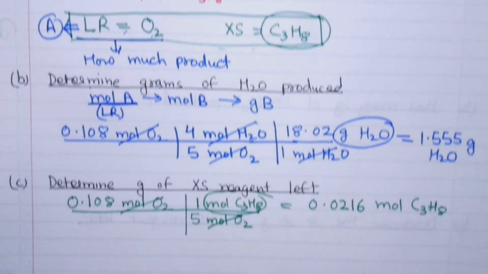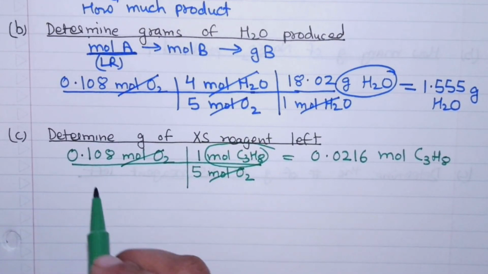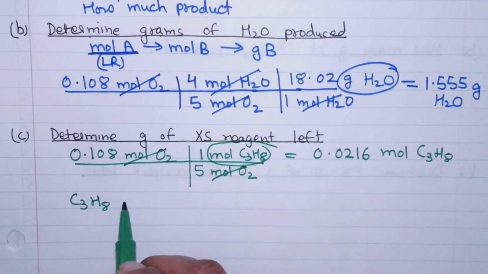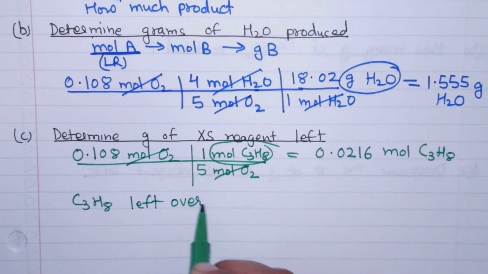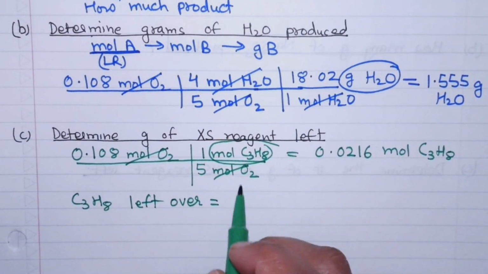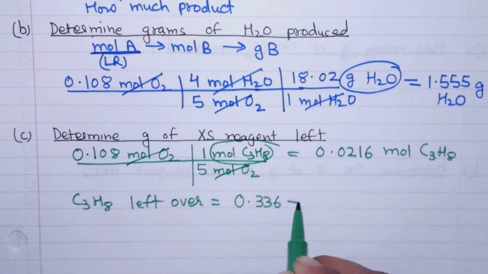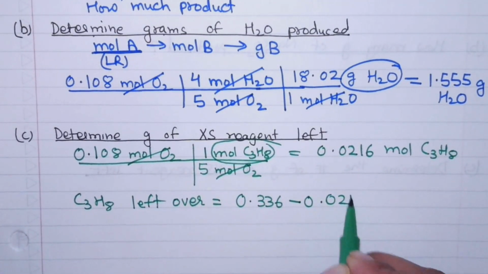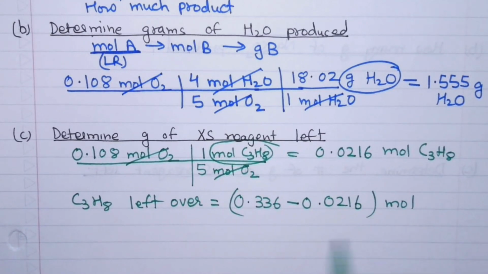So let's calculate how much of C3H8 will be left over. So C3H8 left over equals 0.336 minus 0.0216, and the answer should be in moles, right?